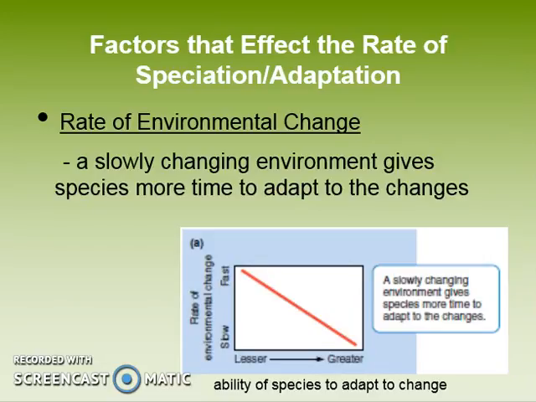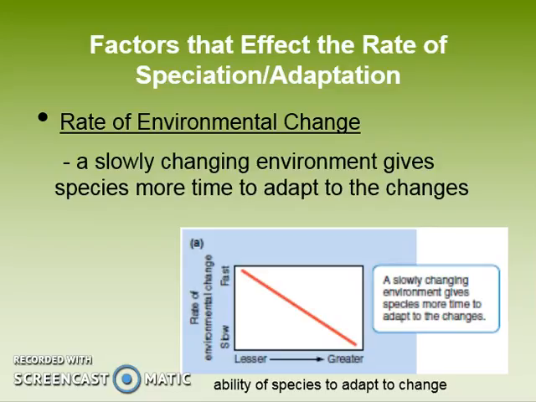Okay. Factors that affect the rate of speciation, or adaptation in a population. The rate of the environmental change. When you look at this graph, on the vertical axis there's the rate of the environmental change. If this change occurs slowly, you usually have a better adaptation rate to change.